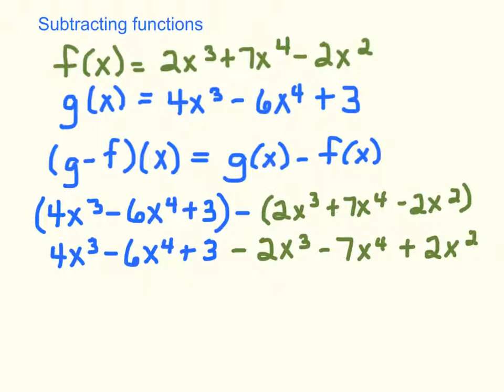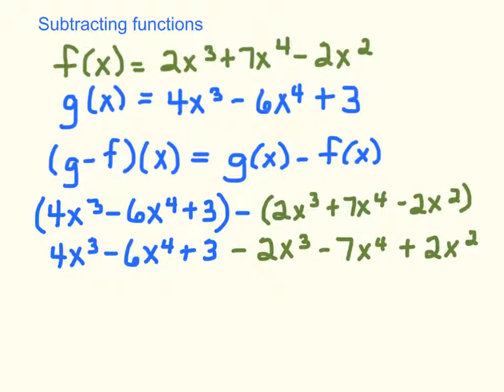In the next step, where I removed the parentheses, I simply rewrote g of x, and this time I'm distributing the subtraction symbol, or a minus 1, all the way through the second function. So I'm subtracting 2x cubed, I'm subtracting 7x to the fourth, and I'm adding 2x squared because subtracting a negative is a positive.